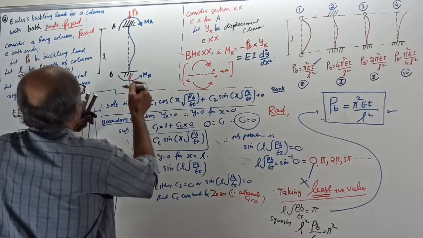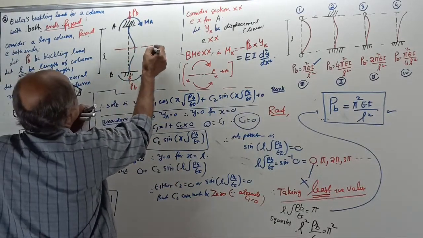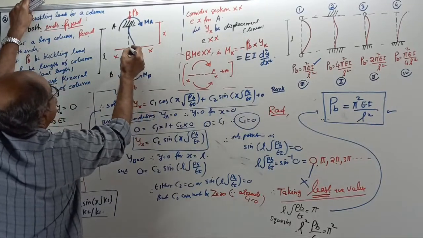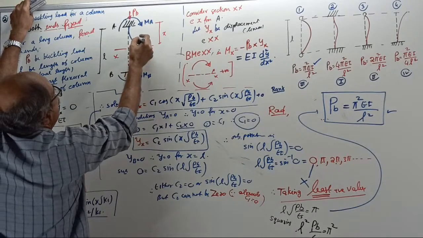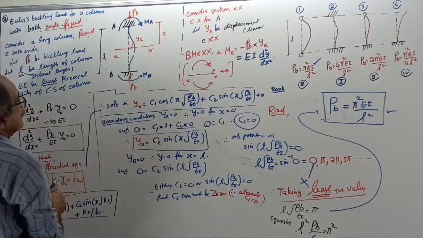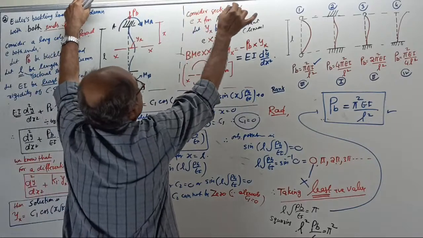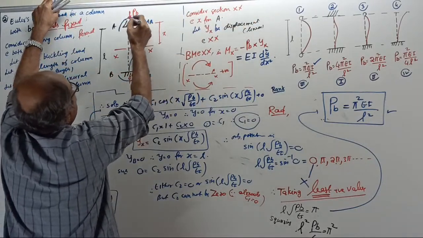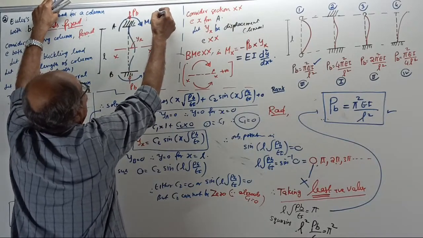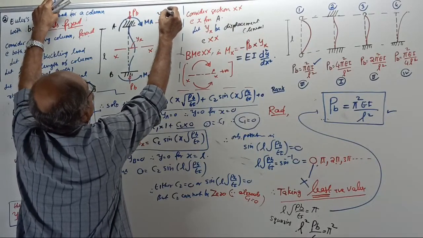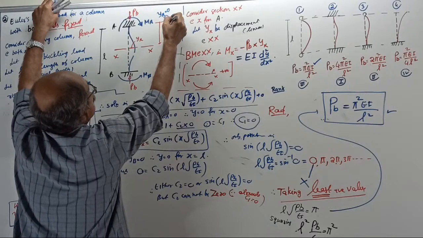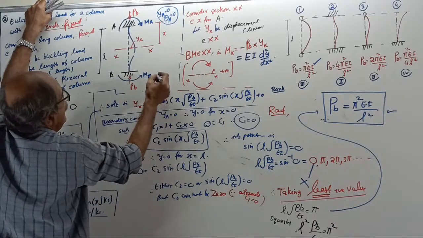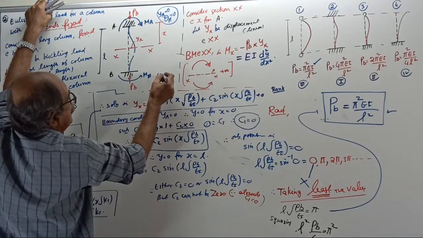Now if you take a section XX at X from here, this is called your YX. Consider section XX at X. Now, boundary condition: at A, deflection equal to 0 and slope equal to 0. At B, deflection equal to 0 and slope equal to 0.